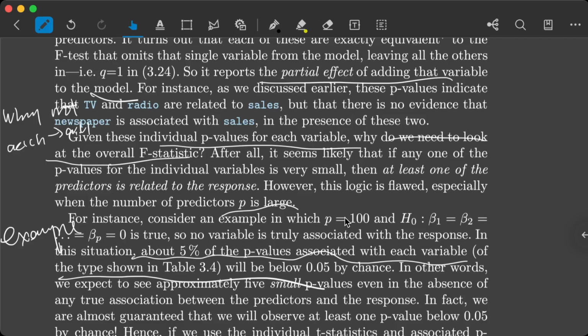That's also why we need to estimate the F statistics for all the variables, like at least one. So this part explains why these two concepts are different.